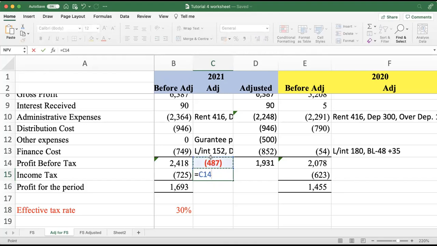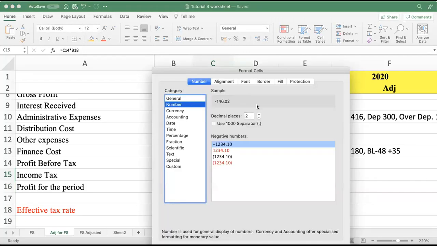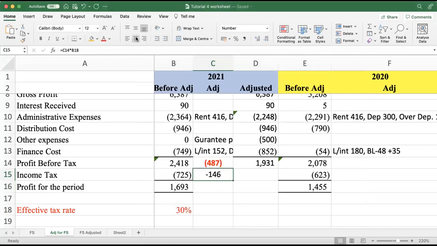The change in the profit multiplied by effective tax rate. So your tax expense decreases by 146.